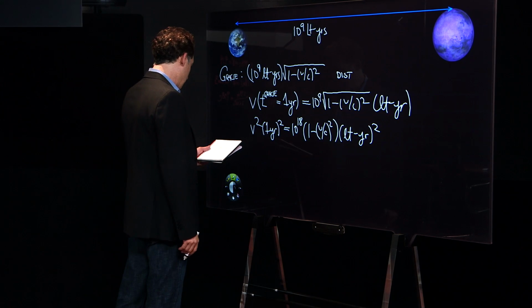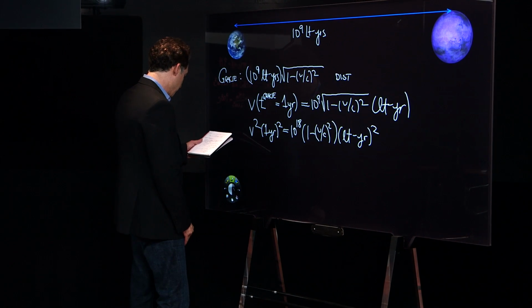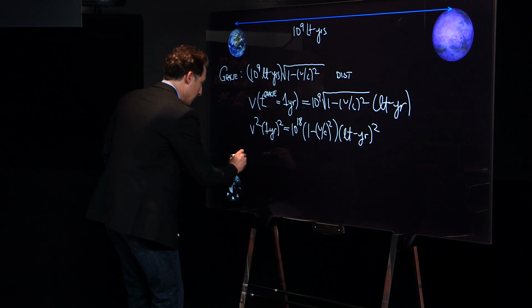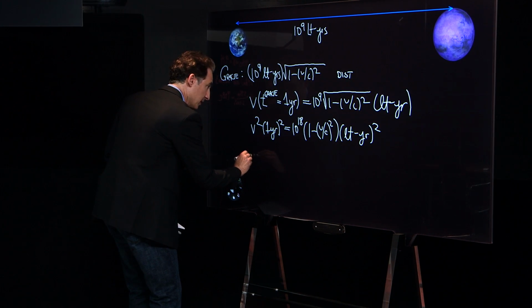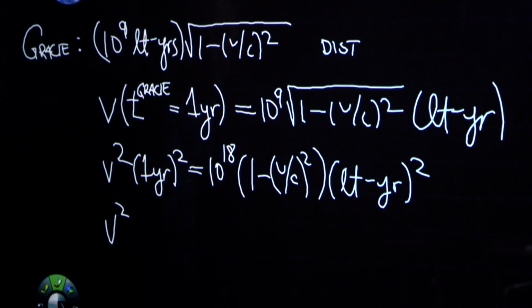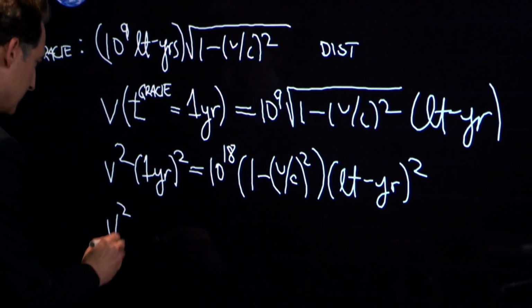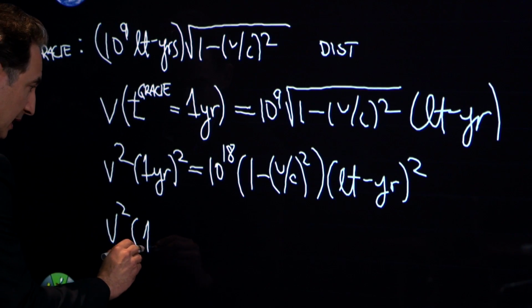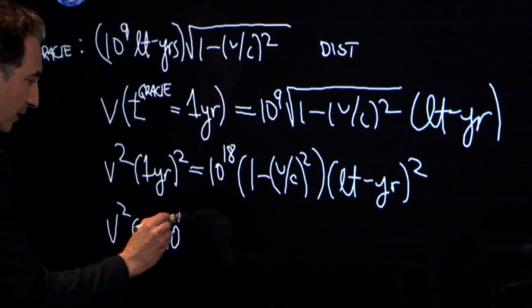OK, so this is now a calculation that we can carry out. So let's bring all of the v squares together. And what do we have then? So we'll have v squared times, well, what do we get? So we have a v over c squared and a factor of 10 to the 18 over there. So let's now bring that over with a plus sign to the other side.